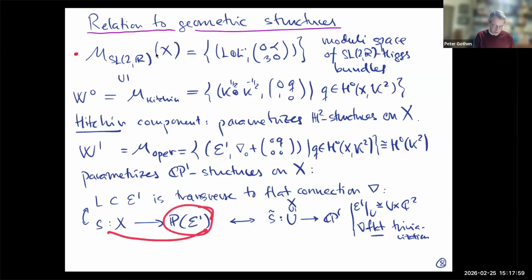So I have actually a section, at least locally, which to each point in X gives me this line in the fiber, which is then a point in the projective space. So if I've trivialized, I get a map to CP1. Okay. The transversality condition exactly says that this is a local isomorphism. So I get my CP1 structure out of the flat connection and the transverse line bundle like that.